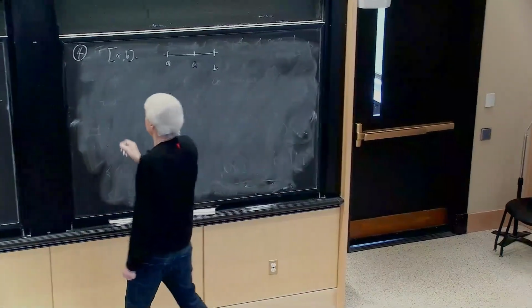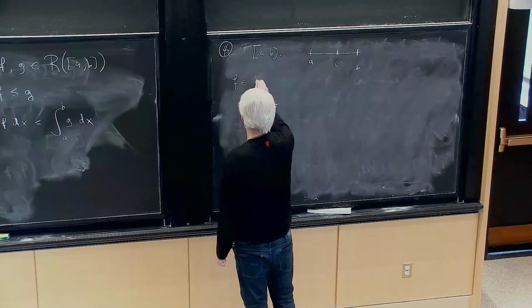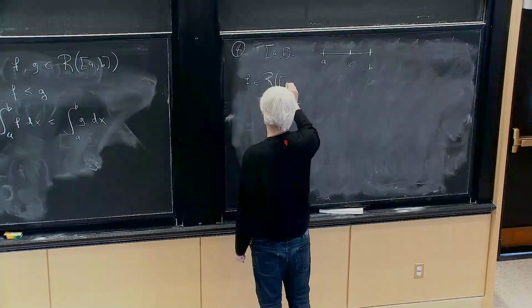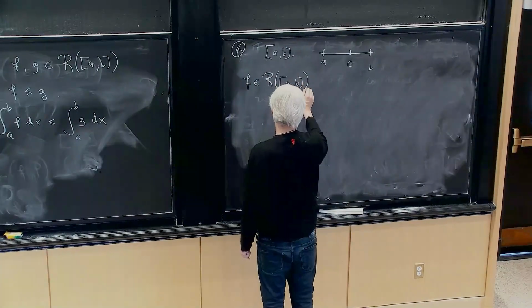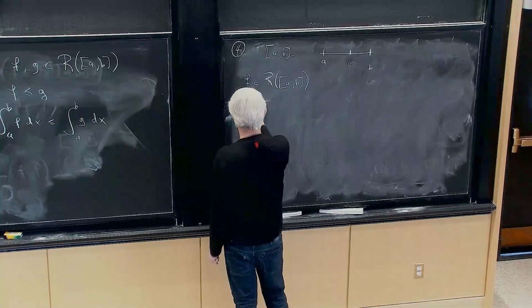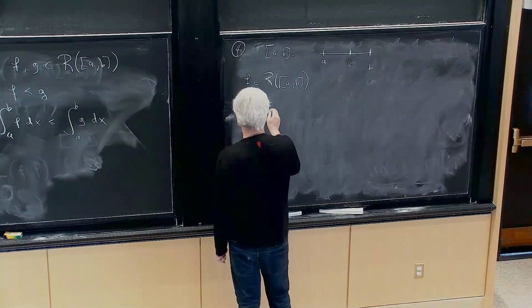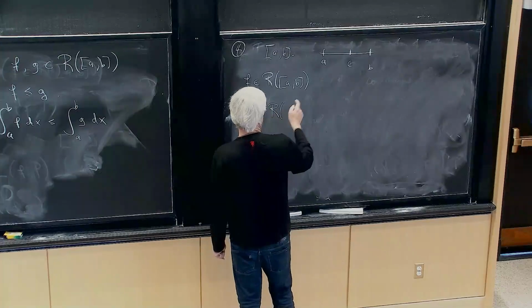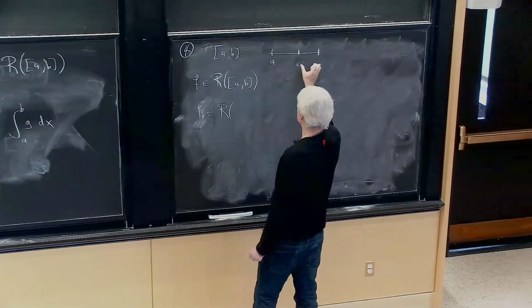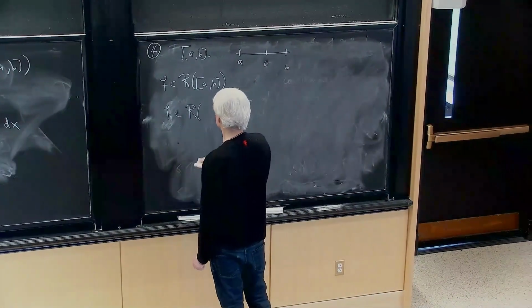Suppose that you have a function that is Riemann integrable on this interval. Then the claim is that if you restrict the function to either this interval or that interval, it is still Riemann integrable.